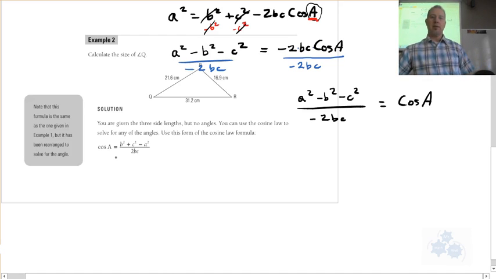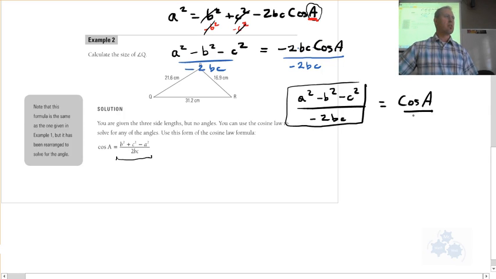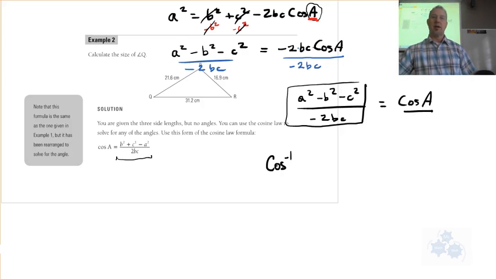This looks a little different than this, I'll grant you that, but it actually turns out to be the same, because I have slightly different signs on both the top and the bottom. So this is still good. Once we get this figured out, do you remember how we find the angle inside a trig function? Yes, second function. Good. So then we're going to do second function cos of this right here.